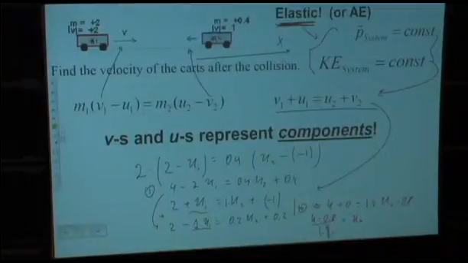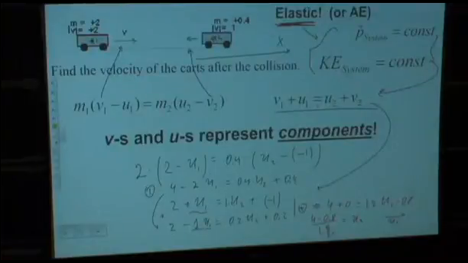So the result is positive for this velocity, which means the x component of the velocity of the second cart after the collision is positive. So that velocity u2 points to the right. So it bounces off the first cart.